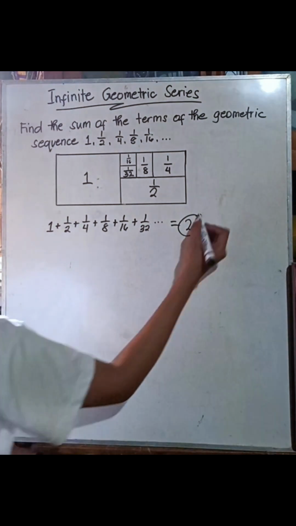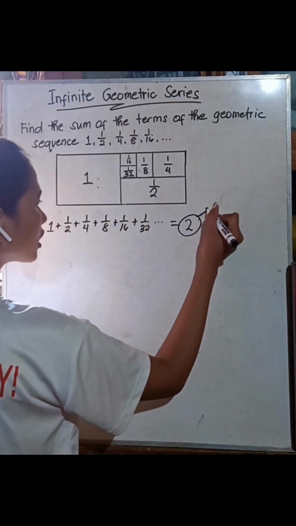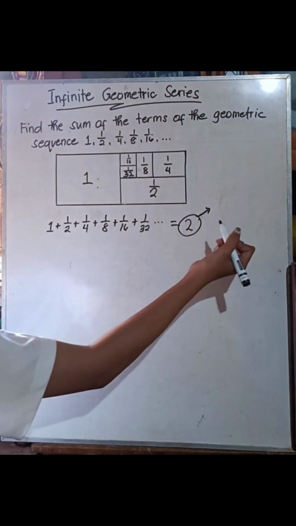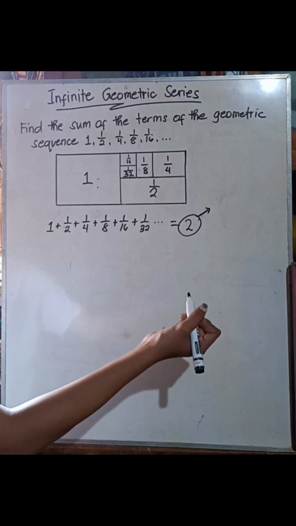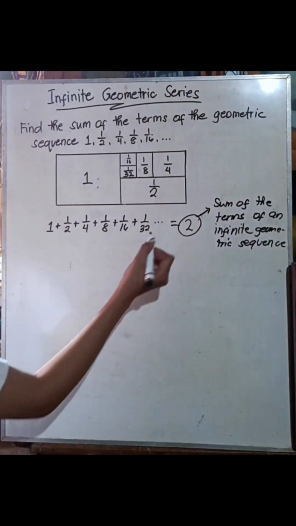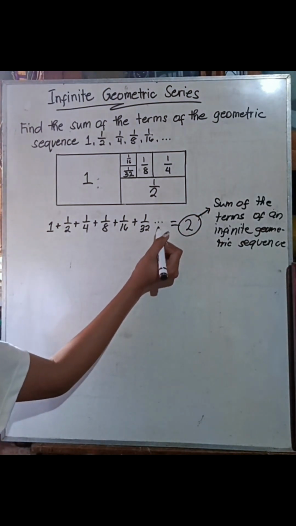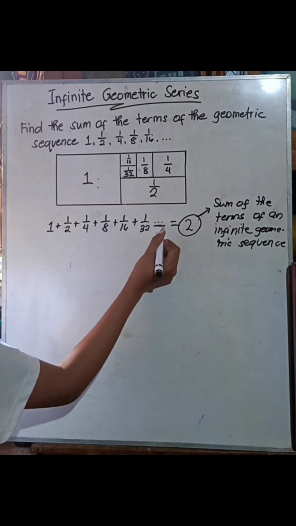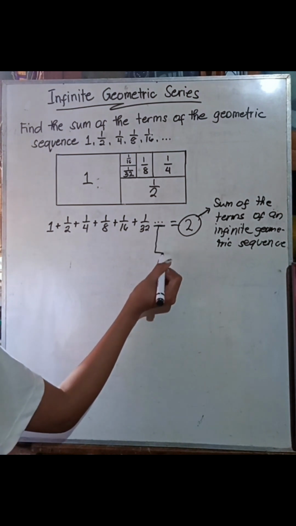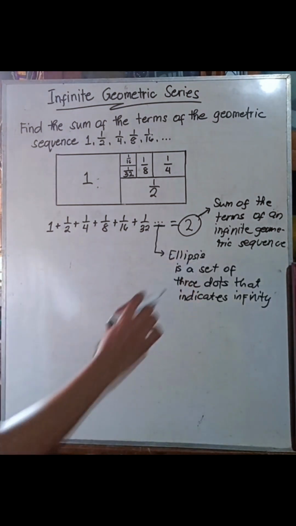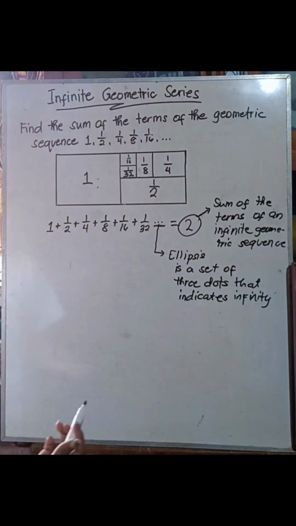So, kaning 2 nato diri mao ni siya ang ginatawag natong sum of the term of an infinite geometric sequence. And this ellipsis is a set of 3 dots that indicate infinity.